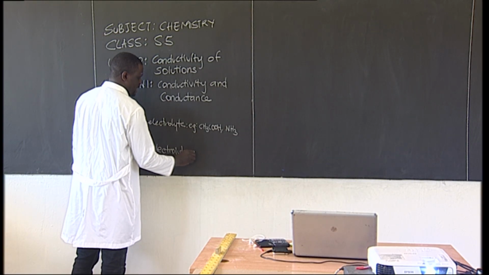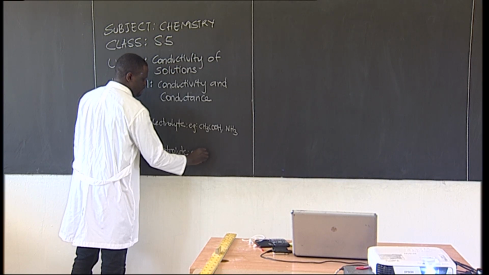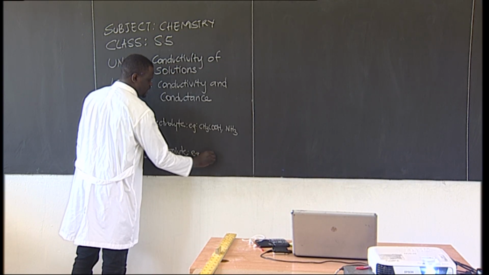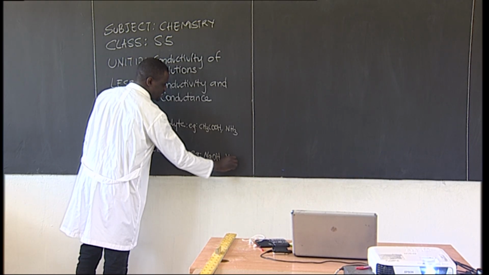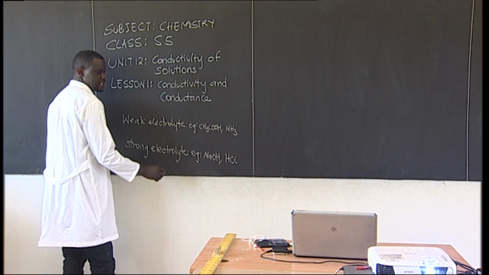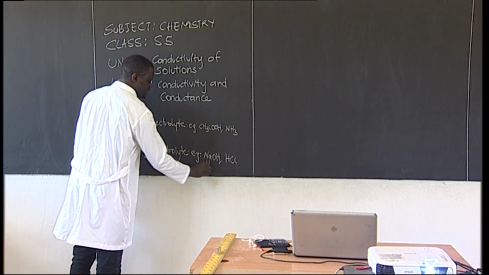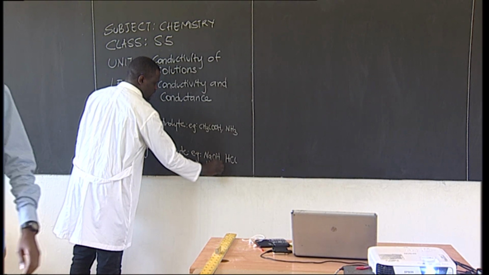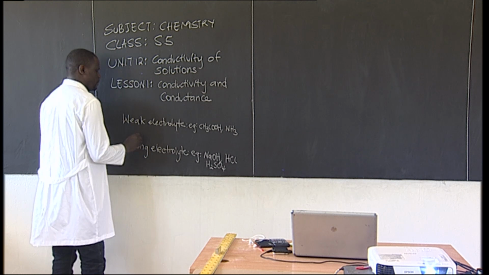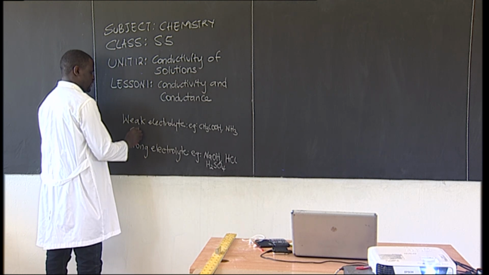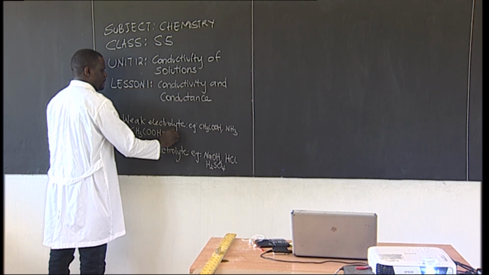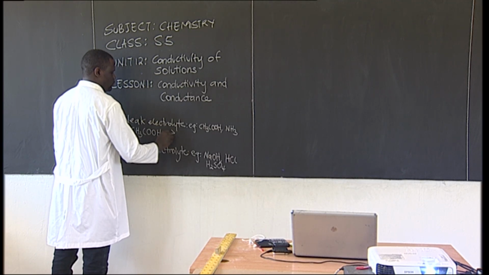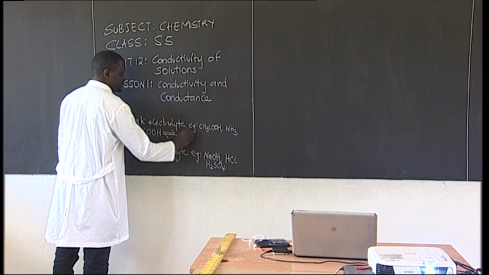For examples, we have sodium hydroxide, which is a base. We have strong acids like HCl, and also sulfuric acid. Looking back, a weak electrolyte partially ionizes, and we normally represent it like that.